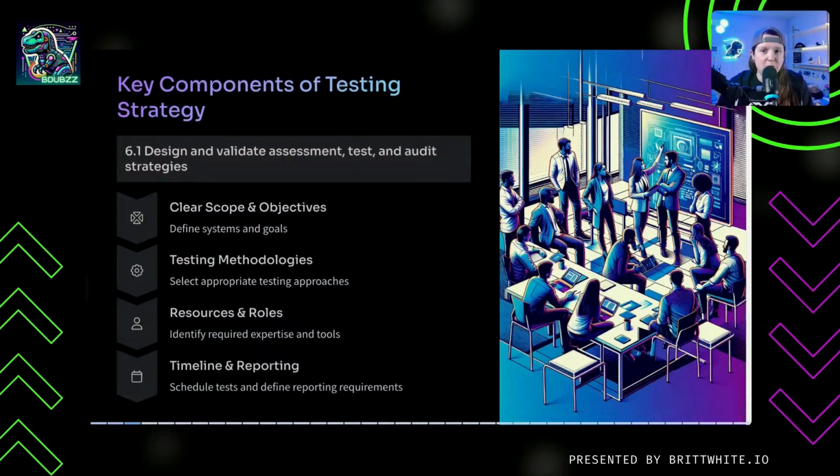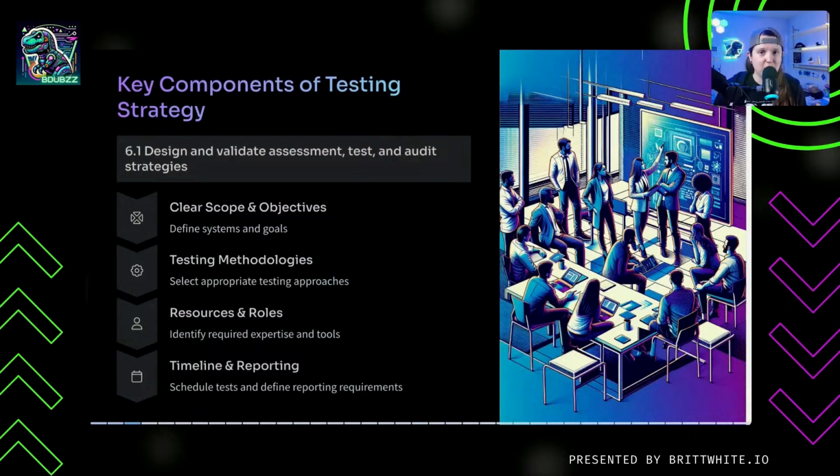Will we perform vulnerability scans, penetration testing, code reviews? Each method serves a unique purpose, and choosing the right combination is important. We also need to identify our required resources and team roles. Who's conducting the tests? Do we need specialized tools or expertise? Having the right people and tools in place is so important for success.